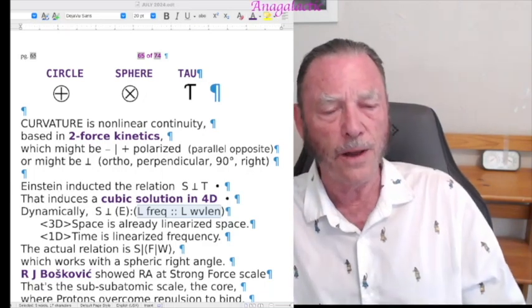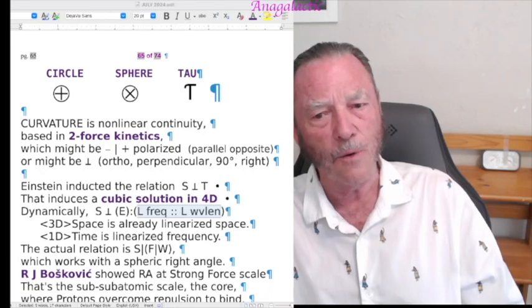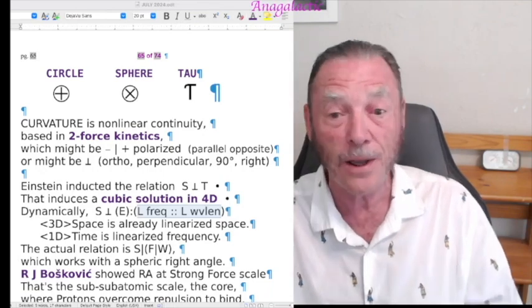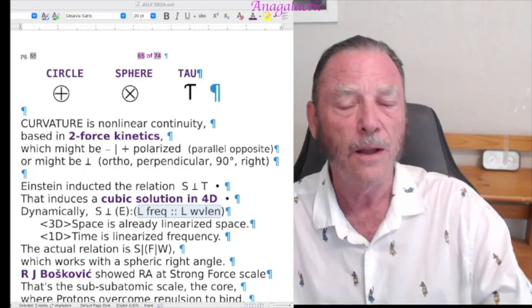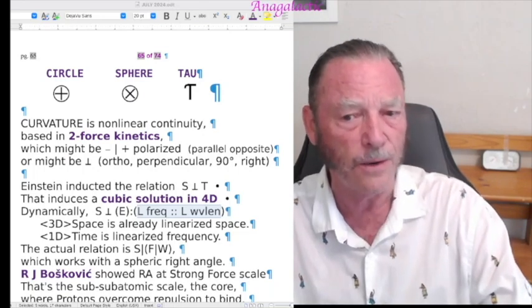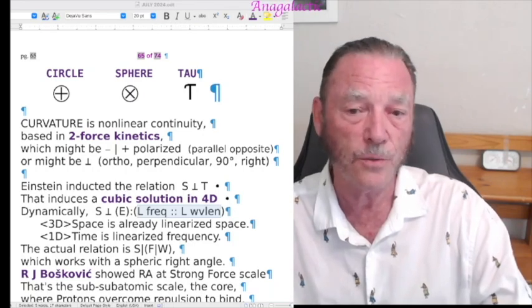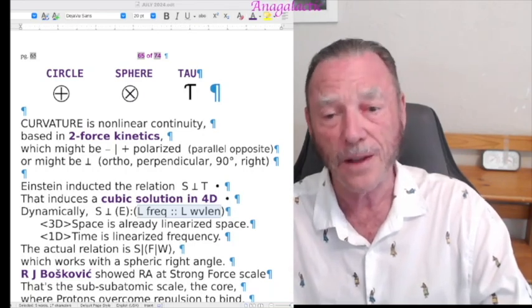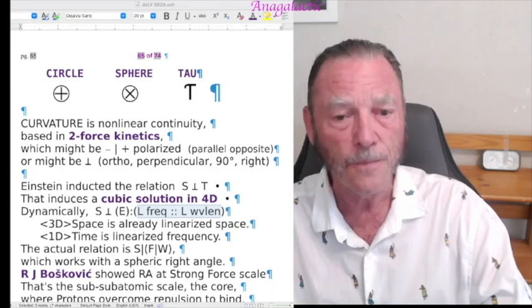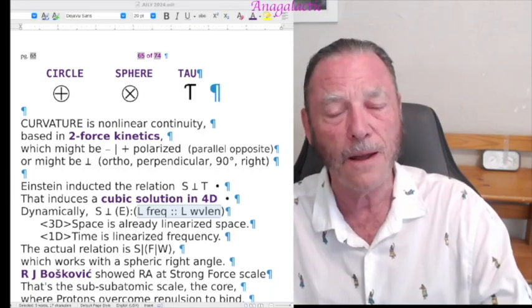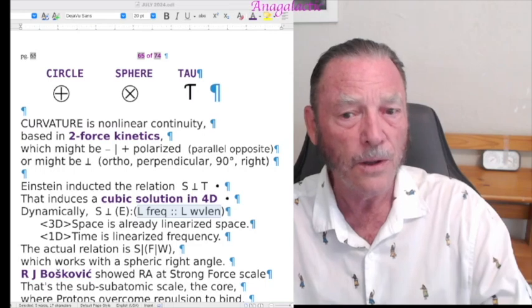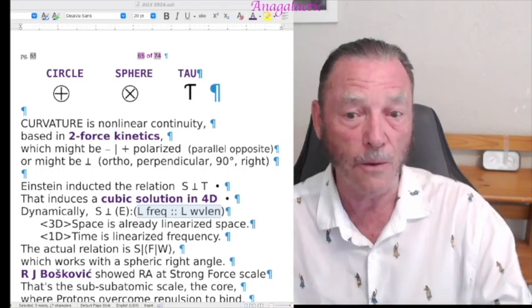So the actual relationship is not linear time, which is 1D. That's ridiculous, because time is not real. It's not physically real. Time is derivative. So if you're going to say it's real, you must say it that way. It's a derivative reality. If you want to think of time as being one-dimensional, you can do so. How do I know that? Einstein did.